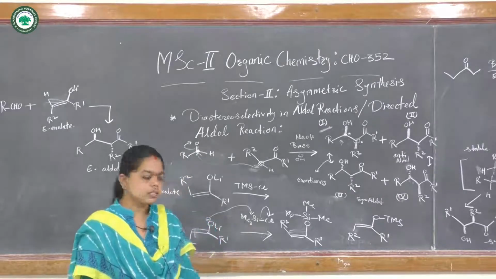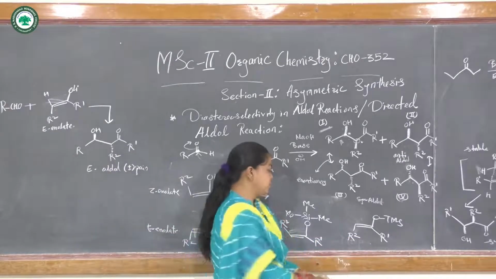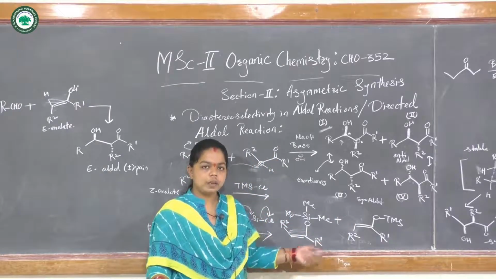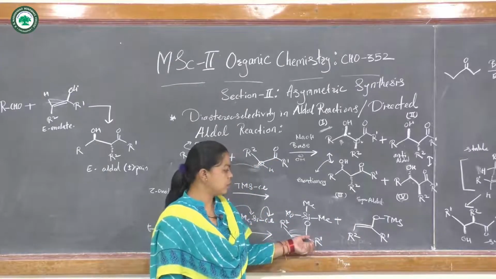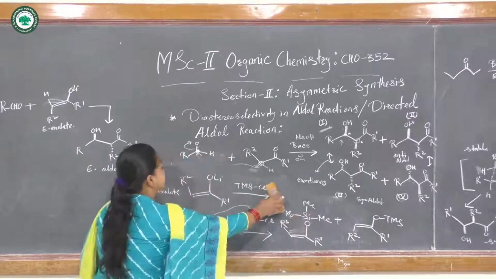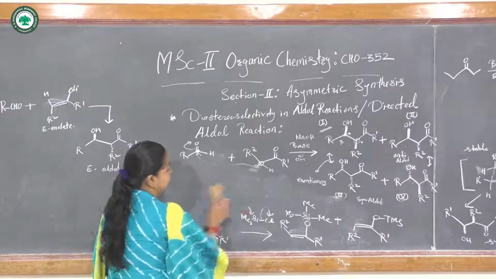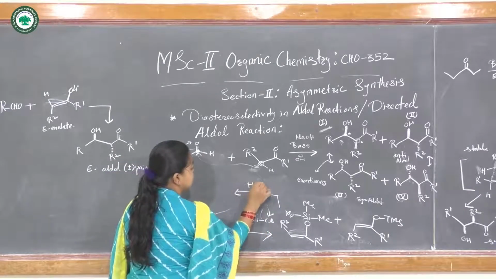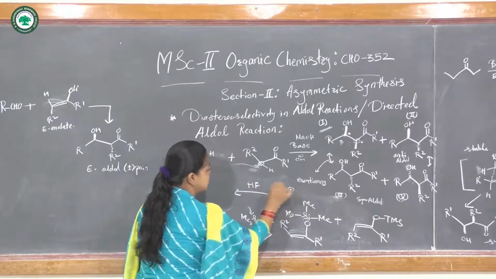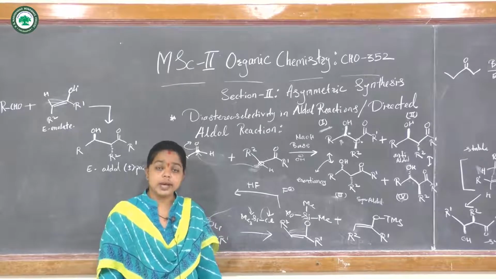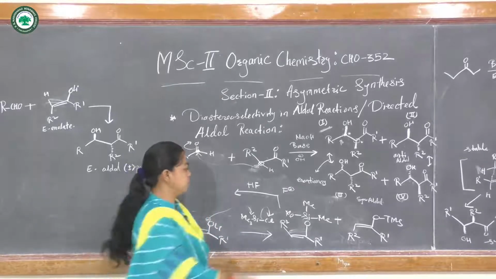And now we can separate this protected form of the enolate by column chromatography. After separating them by column chromatography, we can remove the silyl protection. How can it be removed? Simply by reaction with fluoride ions. Fluoride ions have a strong affinity for silicon, and a strong bond is formed.